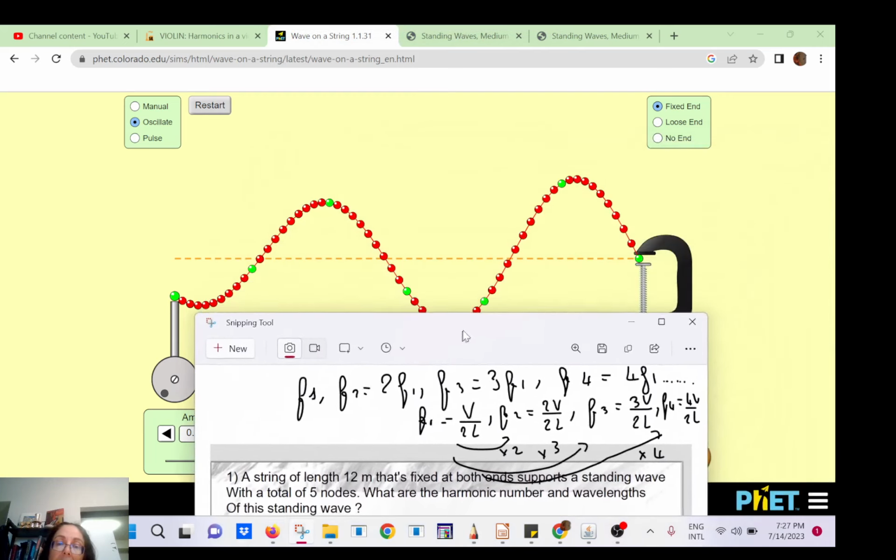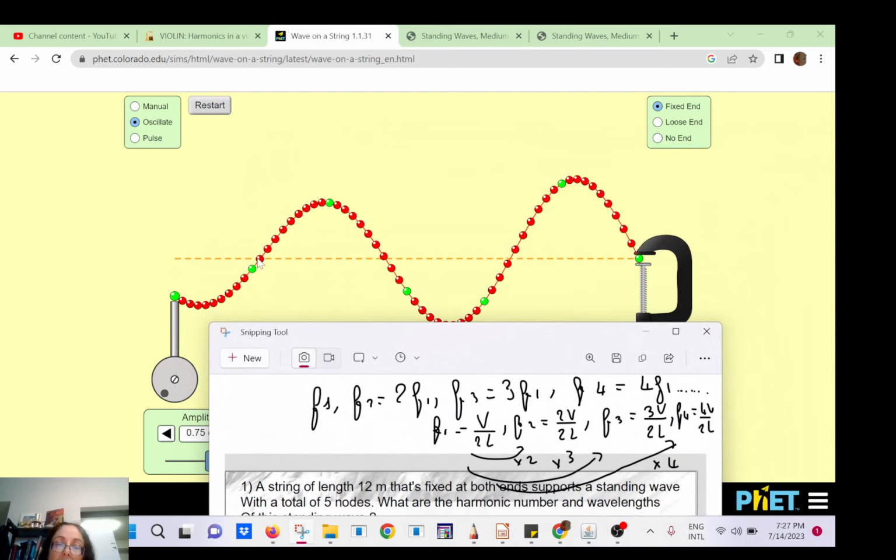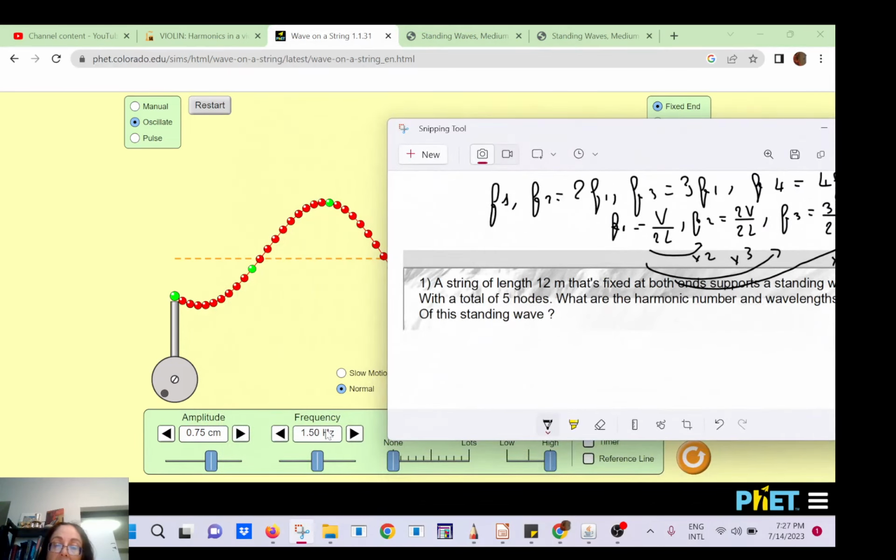So in that case here, you don't count this. But you see that the frequency here is 1.5 hertz, and 1, 2, 3, I am on the third harmonic. Okay? So we divide by 3. That means the first one is at 0.5 hertz.